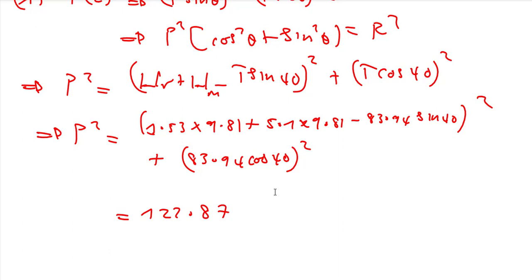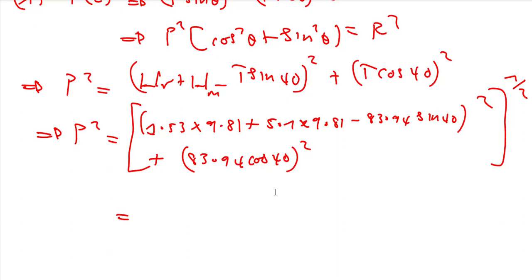Now let's take the square root of the answer. The square root gives us 65.25 Newton. So P will be all of this raised to the power half.